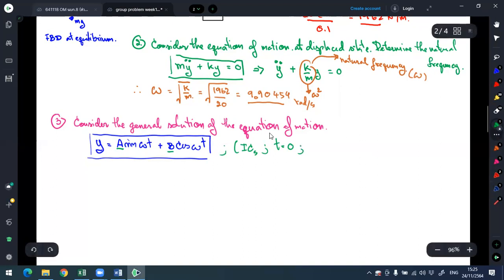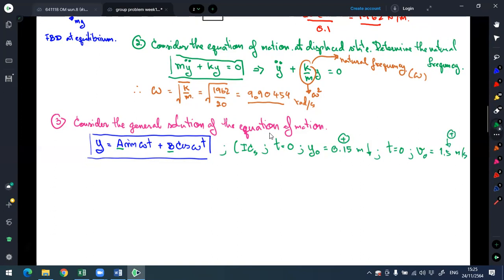When time equals 0, y equals 0.15 meter downward, so it is positive. And when time equals 0, the velocity is 1.5 meter per second downward also, so this is positive.